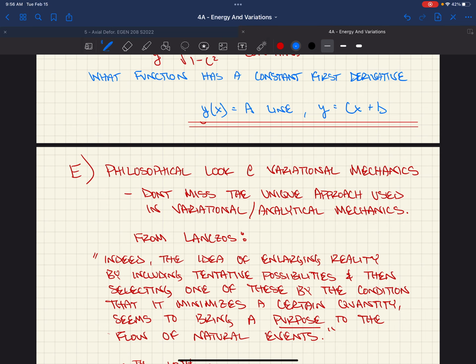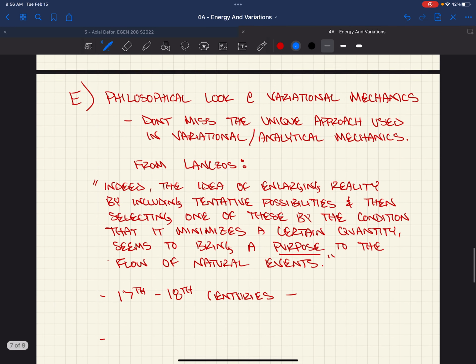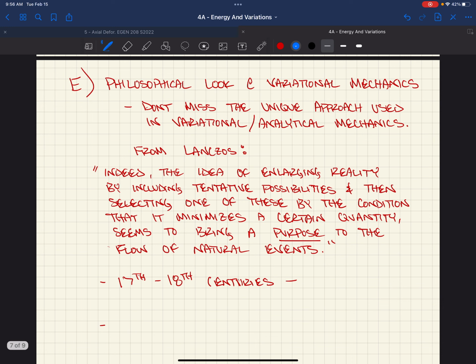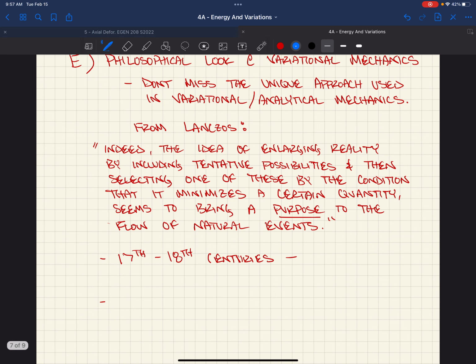Philosophically, if we look at variational calculus, there are some interesting things here over the years. Don't miss the unique approach used in variational analytical mechanics. A mathematician once said, indeed, the idea of enlarging reality by including tentative possibilities and then selecting one of these by the condition that it minimizes a certain quantity seems to bring a purpose to the flow of natural events. What does this mean?